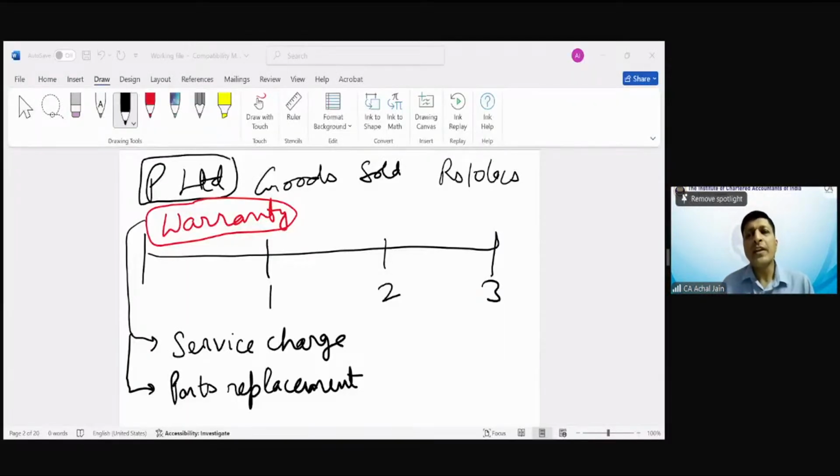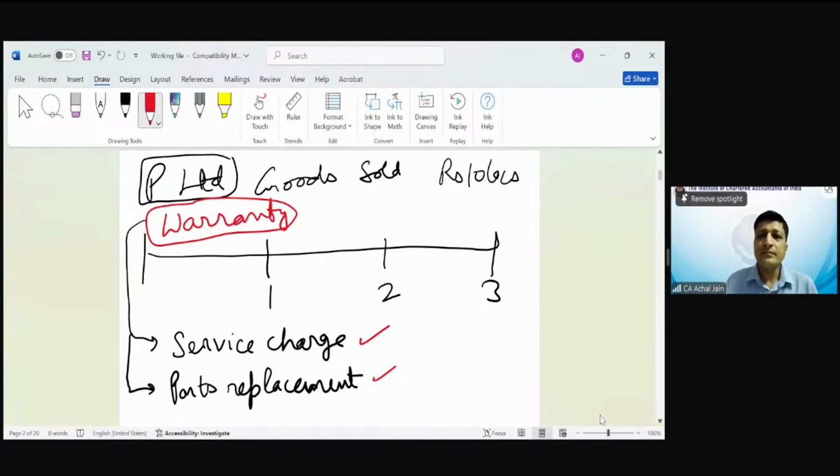And tell me one more thing. Now, in respect of these two types of costs, do you think, and everybody else can also answer this, that P Limited will be sure that these two costs are definitely going to arise in the next 3 years?